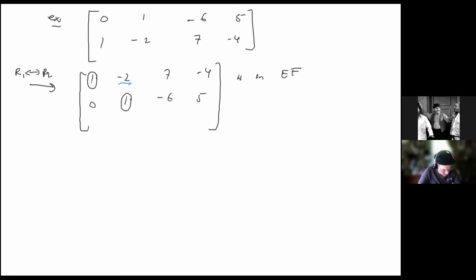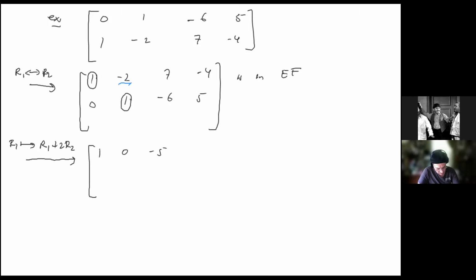So to do that, I'm going to replace row 1 with row 1 plus twice row 2. If I add twice row 2 to row 1, what happens? Adding twice 0 to 1 gives me 1. Adding twice 1 to -2 gives me 0. Adding twice -6 to 7 gives me 7 - 12, which is -5.